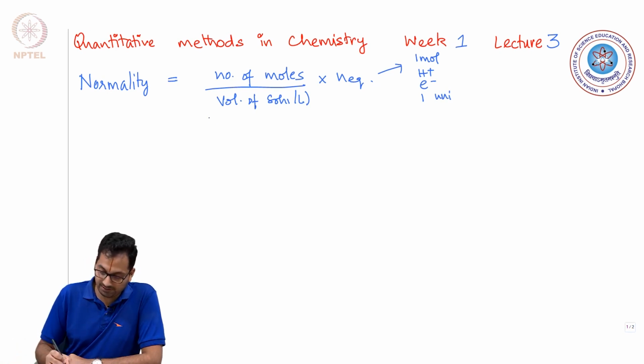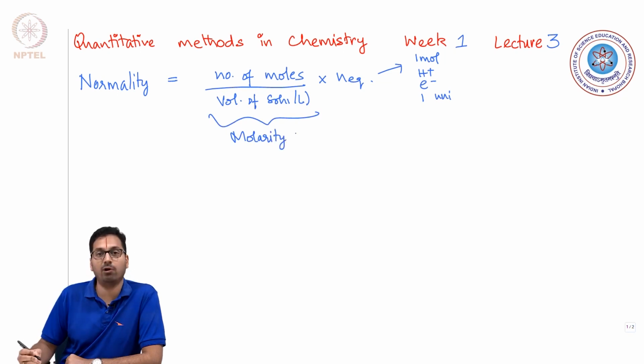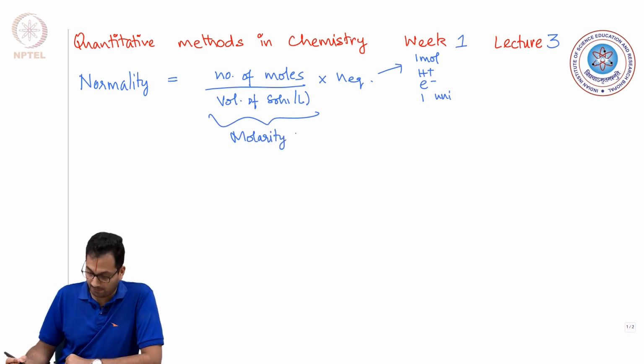So now that we see this, basically this is nothing but molarity. So normality will be given by the product of molarity and the number of equivalents.